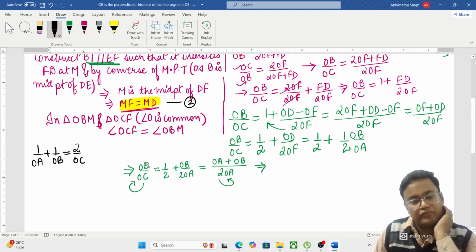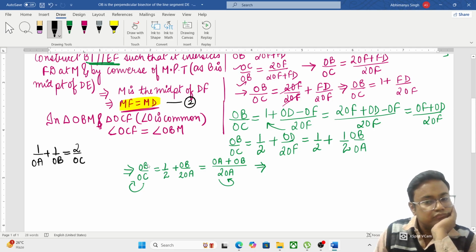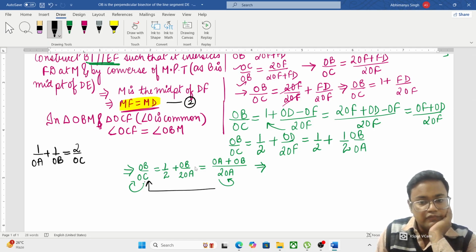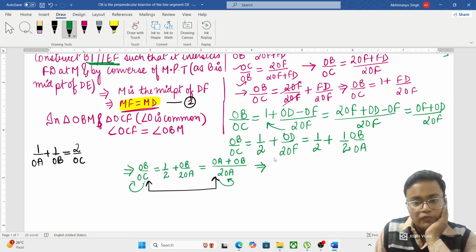So flipping right now will not help. So I'm just writing these two expressions which are wanted here, right? So OB upon OC is equal to OA plus OB upon twice of OA.